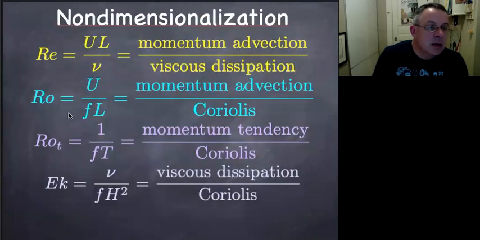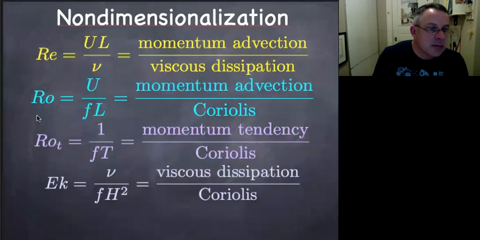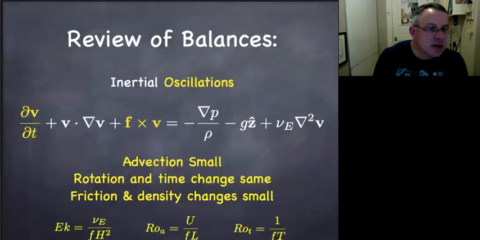Okay. The Rossby number gives us the momentum advection versus the Coriolis force. That's this term versus this term. The temporal Rossby number gives us the momentum tendency versus the Coriolis. That's this term versus this term.